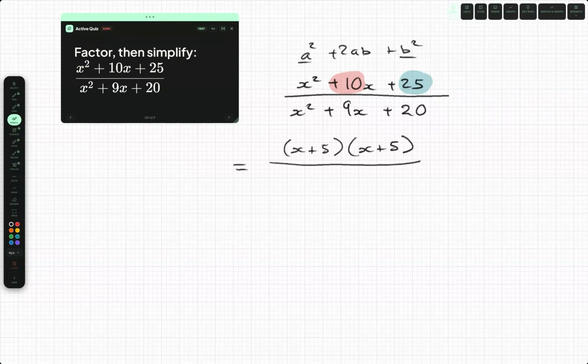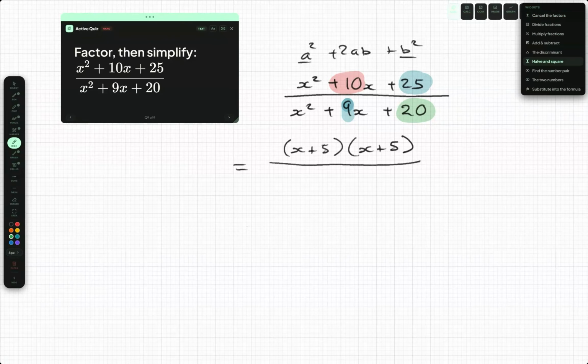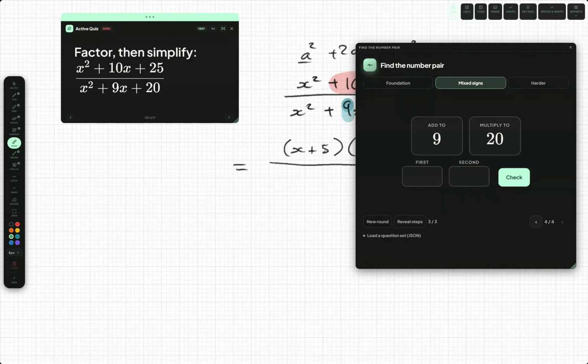All right, looking at the next one, we're looking for values that sum to give us 9, and also that multiply together to give us 20. Right. So that one's a little bit more annoying to do, but let's bring up our widget again. And we'll look at 9 and 20. What are our factors, or how do we multiply to a product that will produce 20?